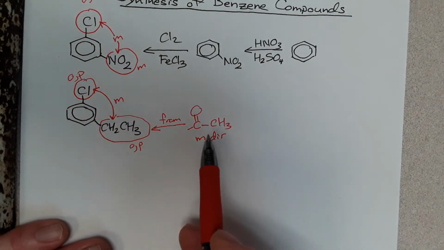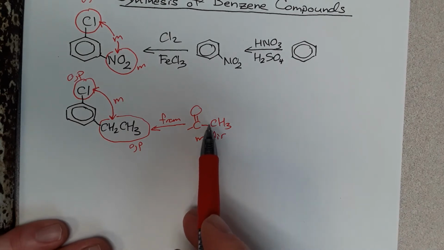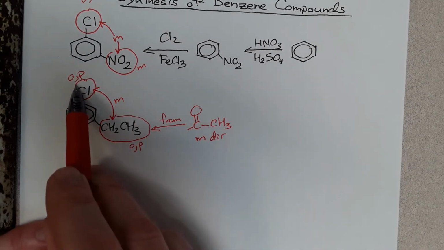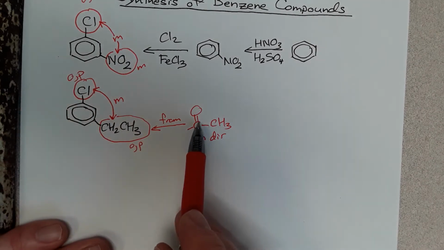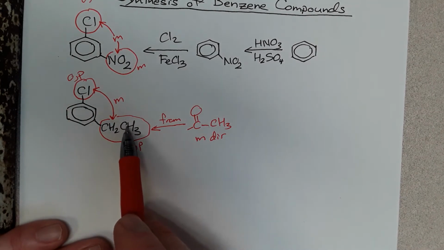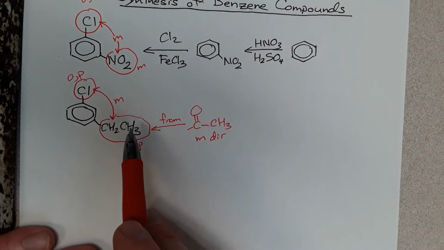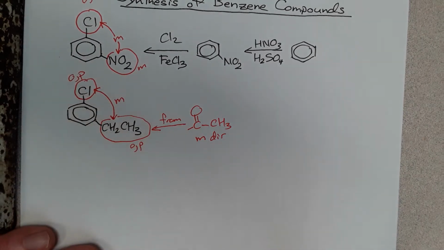So we could initially add this acyl group, and then after we add the acyl group, that is a meta director, then we could add the chlorine, and then we can convert this acyl group into an alkyl group to make our final product. So see how the thought process is going there.